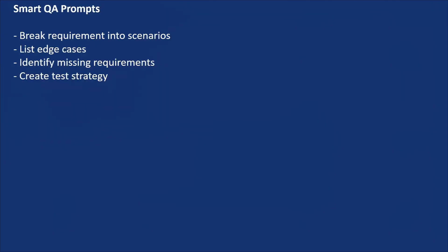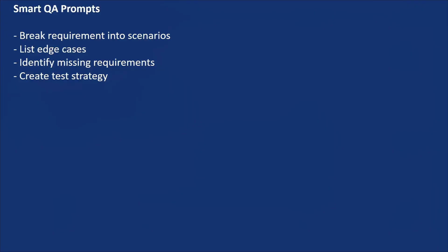Now I will discuss the smart QA prompts. That is actually very important. Here are some powerful prompts you can use. The first one is break requirement into testable scenarios, the most powerful prompt. The second powerful prompt is list edge cases for this flow. The third one is identify missing requirements.